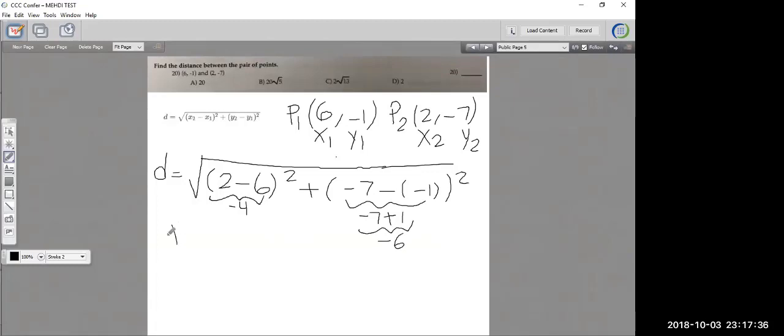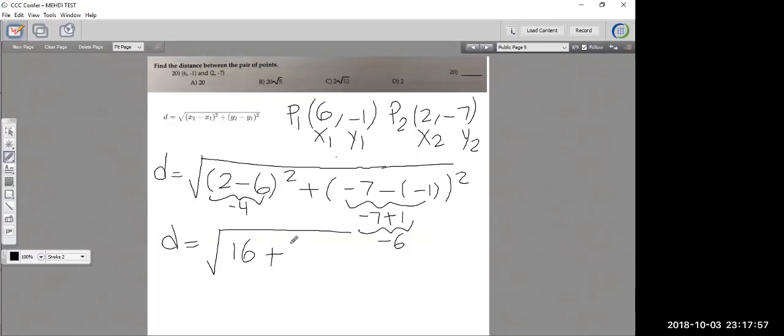So then we need to square these. Here we have negative 4 squared, and we still have that square root here. Negative 4 times negative 4 would be plus 16, plus, and then negative 6 squared. This square would make these numbers positive if there is any negative sign in front of that.